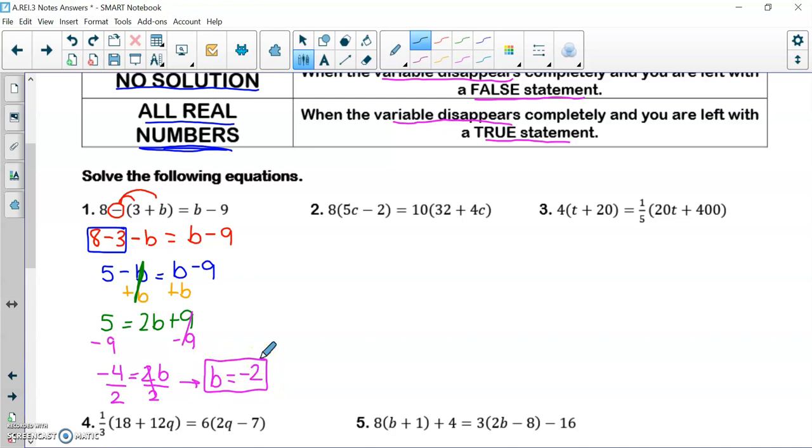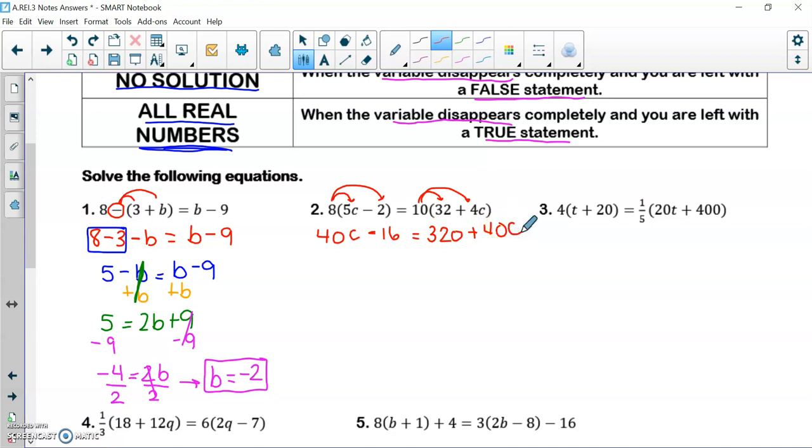All right, moving on to number 2. I do need to simplify my left side by first distributing the 8 in. So I have a 40c minus a 16 is equal to, and I do need to simplify something on the right side. I'm going to distribute the 10 in to get a 320 plus a 40c.